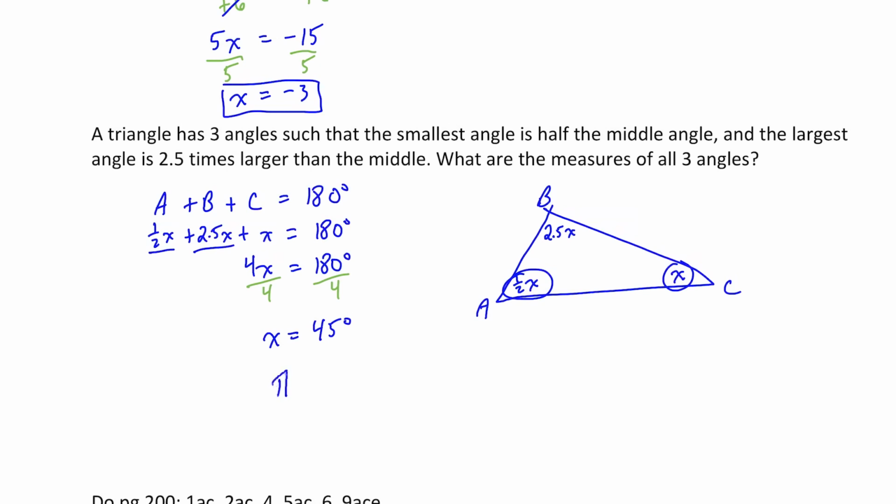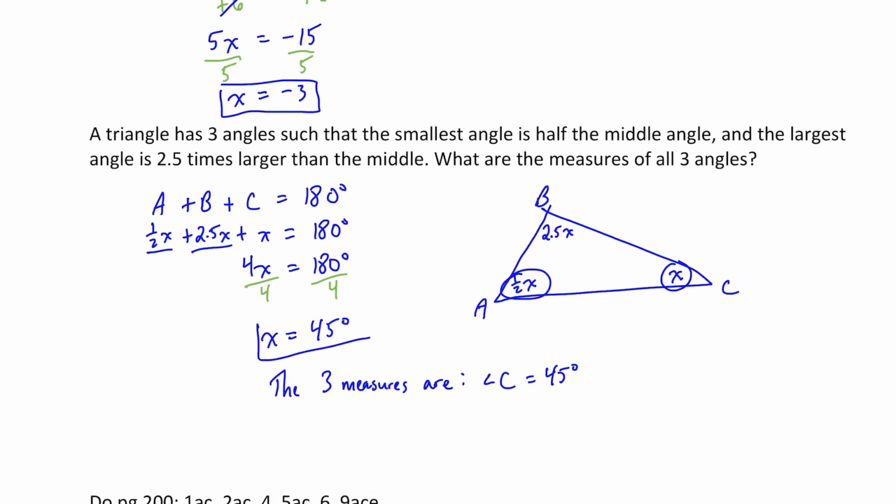And thus, the 3 measures are, so angle C is equal to 45 degrees because x is 45. Angle A is half of 45, and half of 45 is 22.5.